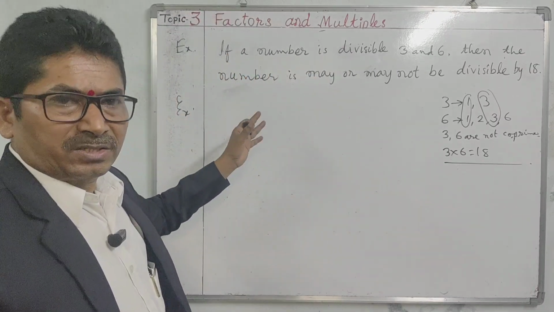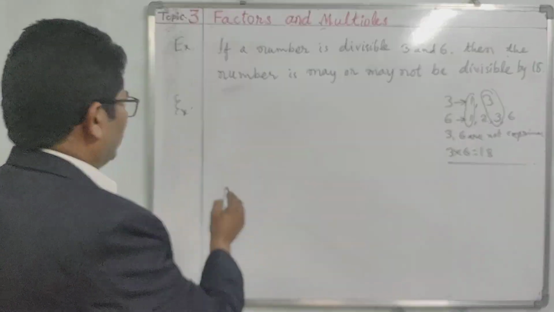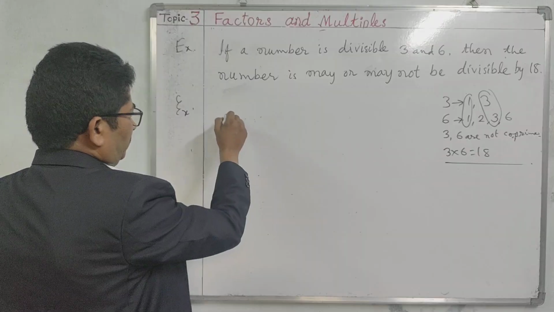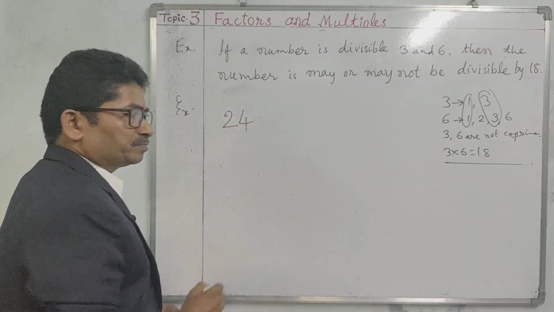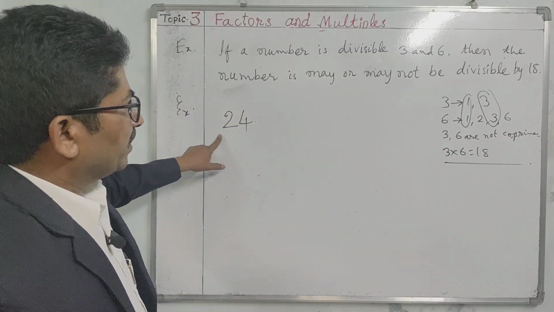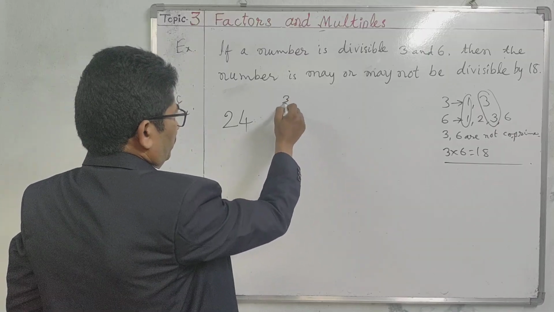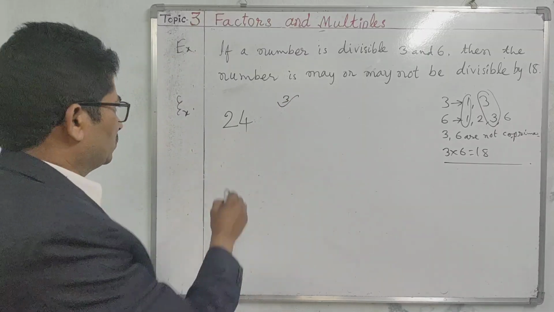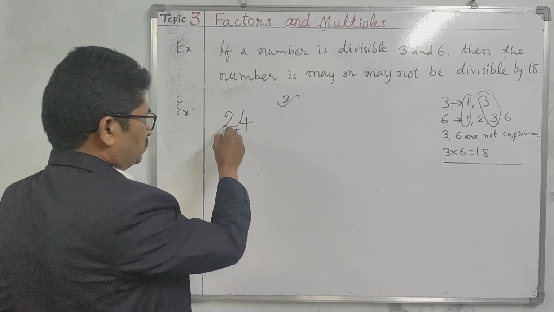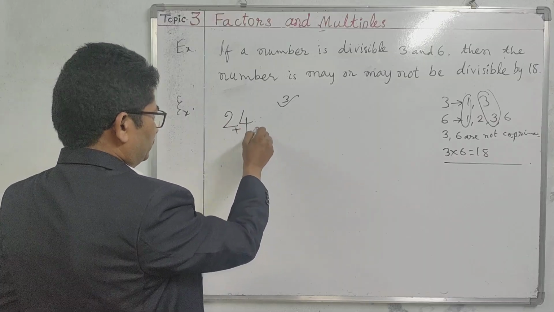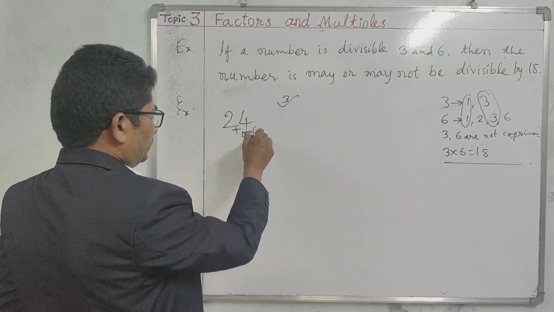To understand this clearly, I am taking an example here. Here is 24. 24 is exactly divisible by 3. Why? The digital root of this number is 2 plus 4, 6.